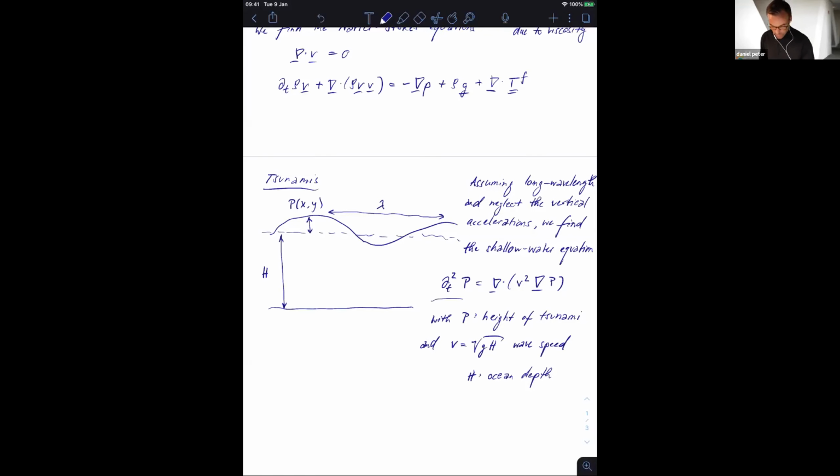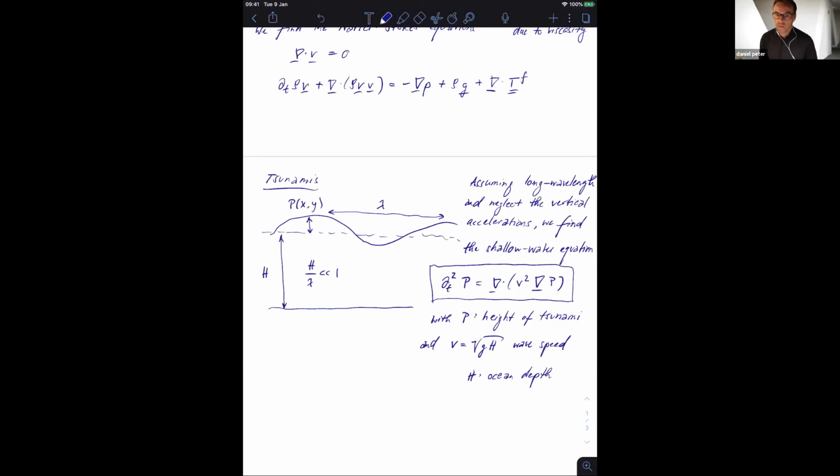So when we want to model tsunami waves, that's the shallow water equation that we can solve. And then we have the height of the tsunami when it's still out in the ocean. The long wavelength approximation: if you take the ratio between the ocean depth and the wavelength of the tsunami wave, that should be smaller than 1.